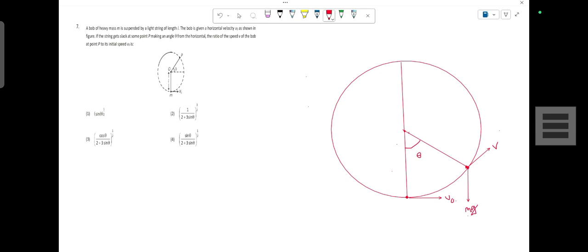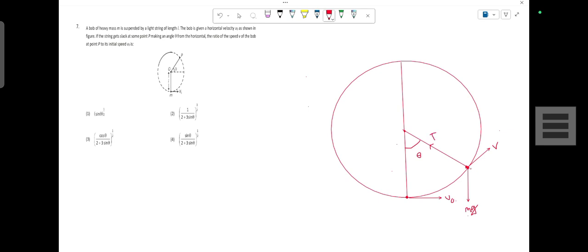So this angle creates theta, and there is also a tension force acting in this direction in the string.